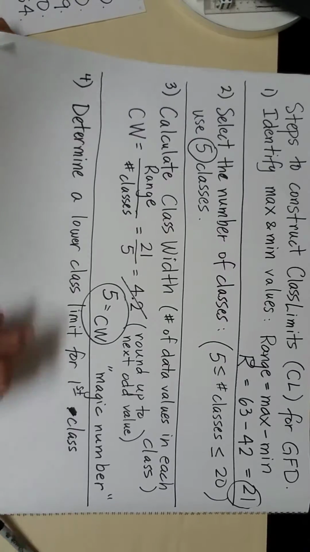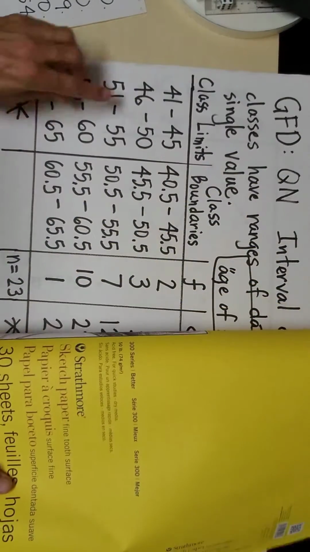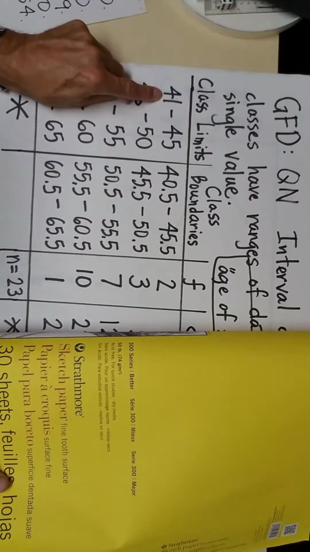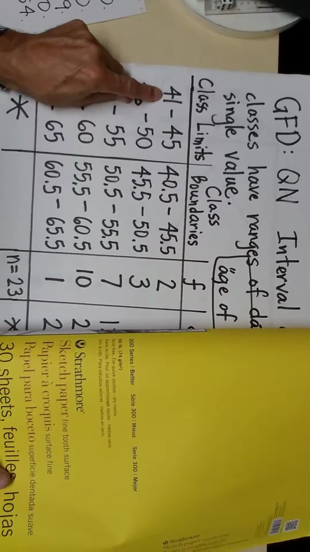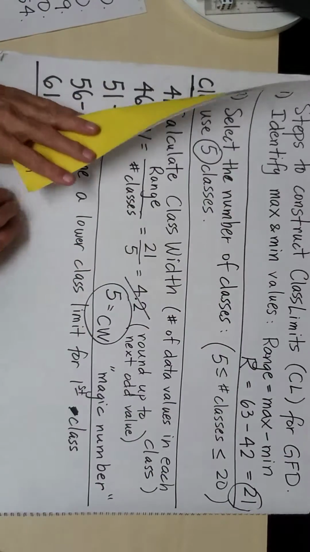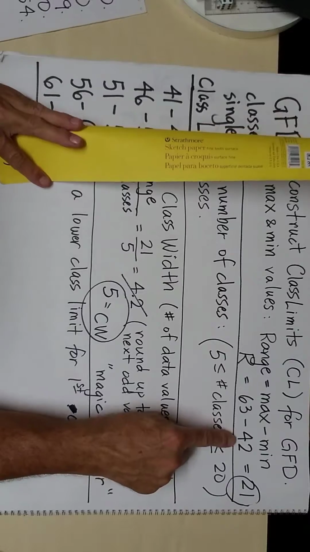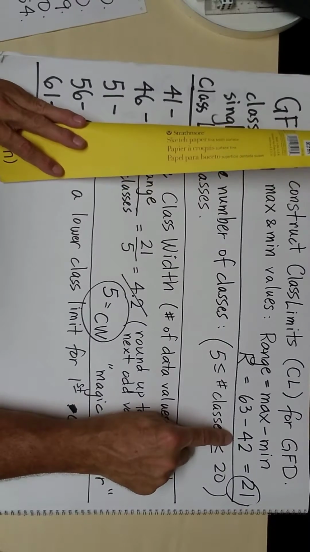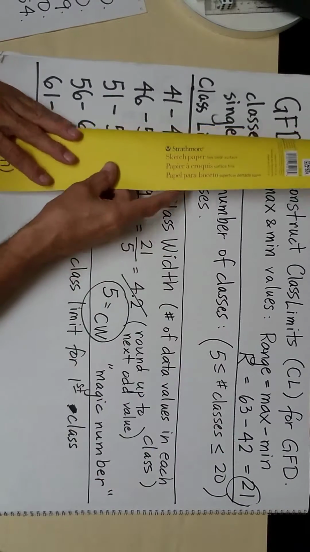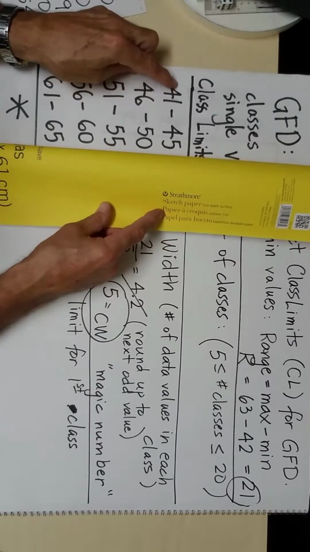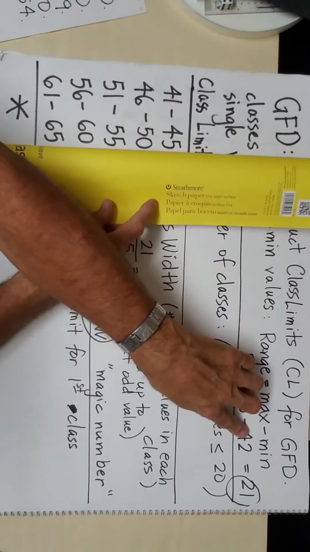If you step back over here, the first class started with 41. If you look at your data set, the low value was 42. In order for this to work, the lower class limit here must be lower than your smallest value.